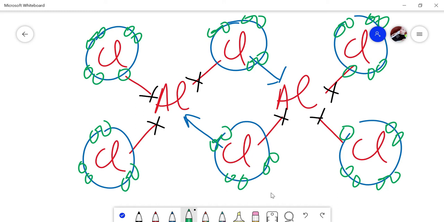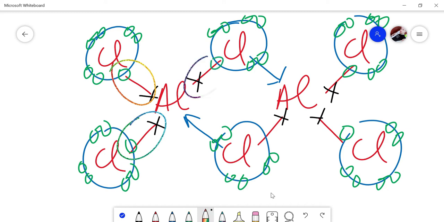Here is one dot. Now count all the bonding electrons. How many bonding electrons do you find here? You will find one pair. One dot is still left here. Second pair. One dot is still left on the other side.